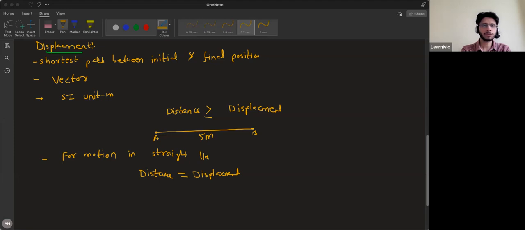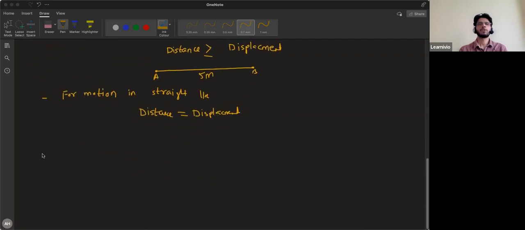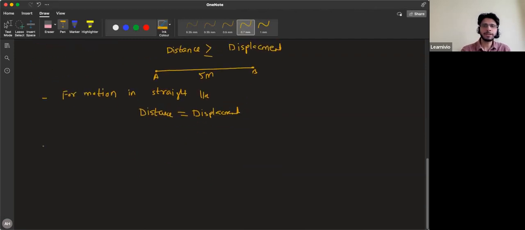Tell me once you have written, then scroll. Okay, after distance and displacement, the next thing is speed and velocity. So let's first do speed and then we'll come to velocity. Speed is the ratio of distance and time.